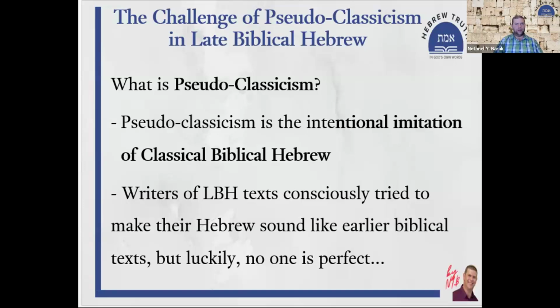Pseudo-classicism. What is pseudo-classicism? Like everything that starts with pseudo, it means false. As you know, in Greek, pseudo, I am telling a lie. I'm fibbing. I'm saying something that is false. That's the verb.